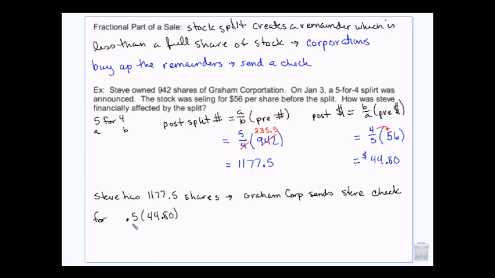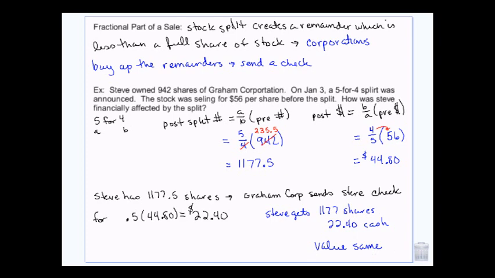So that's the half a share times the price per share, which is $22.40. So Steve gets 1,177 shares and $22.40 in cash or check, and the value is the same.